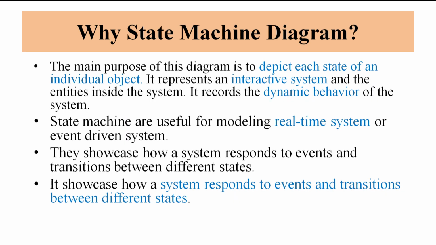State machines are useful for modeling real-time systems because we are showing the scenario in which events occur and their effect on the object's movement from one state to another state is being depicted. That is why real-time systems can be modeled. The state machine diagram showcases how a system responds to events and transitions between different states.